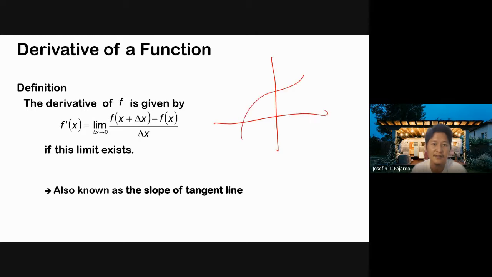So this is my function y equals f of x. If I have an x here, for example, this is my x. If I get another x coordinate, delta x away from x, suppose this is delta x, that's how far it is.